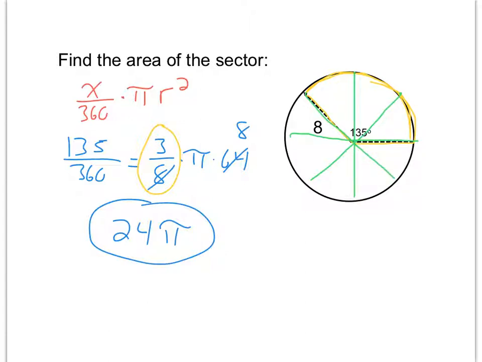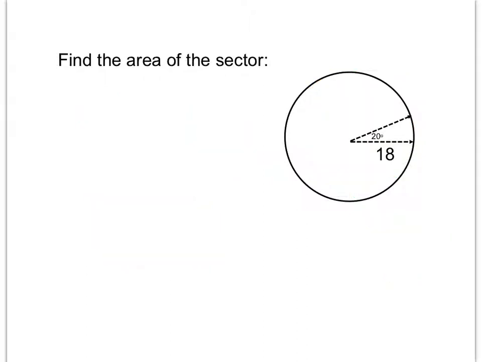My sector includes 1, 2, 3 out of a total 8 pieces: 1, 2, 3, 4, 5, 6, 7, 8. So you can see now that sure enough, my sector was 3/8 of my pizza, which is the same as 135 out of 360.